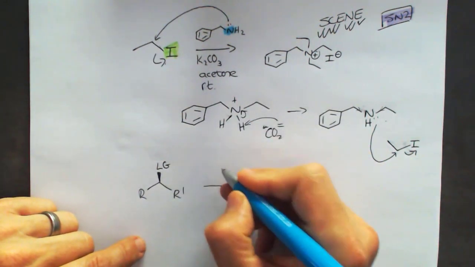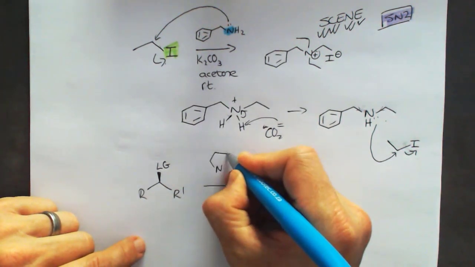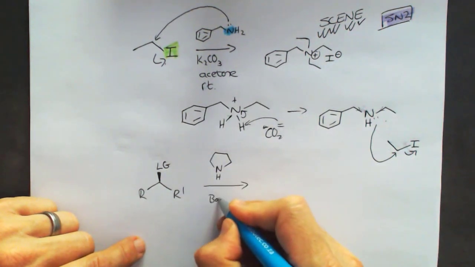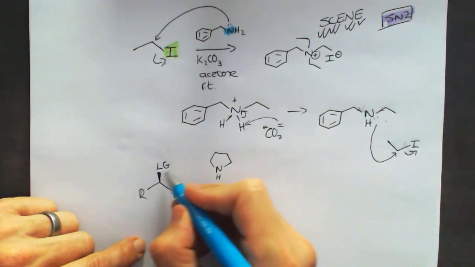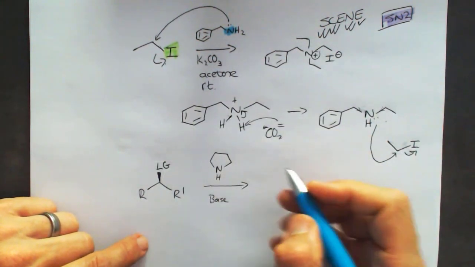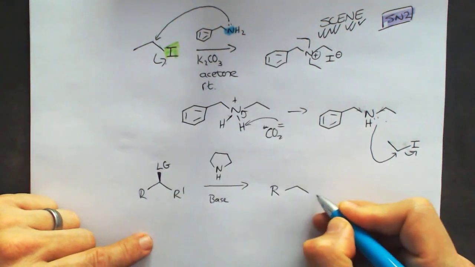But certainly if we use a secondary amine, so maybe something like pyrrolidine, which we've used before, we need to have some kind of base to pick up the leaving group and the proton that needs to go. With something like that, we can get a substitution occurring.